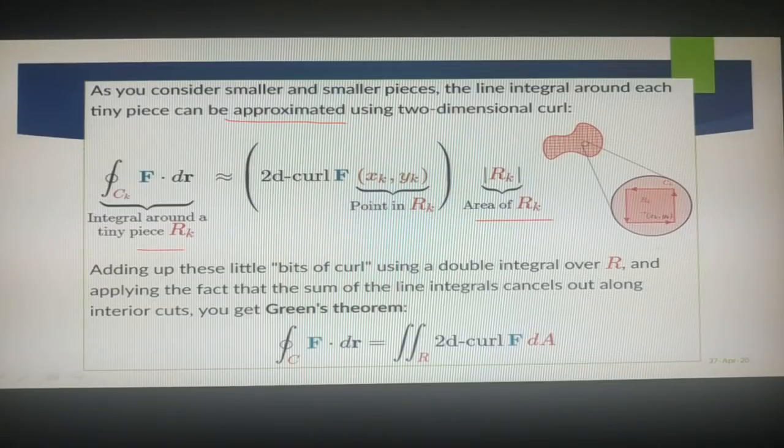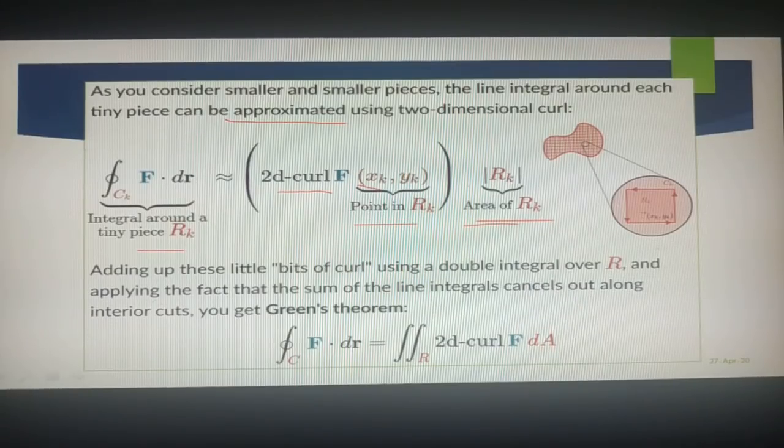At any point, if it is taking rotation, we can consider that as a curl. In two dimensions, if you take the curl at this point, the rotation, and multiply it with that area, that will give us, after curling, how much the fluid is changing in that particular area. That becomes your double integral of the 2D curl of F dA.